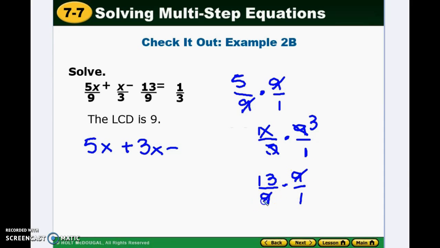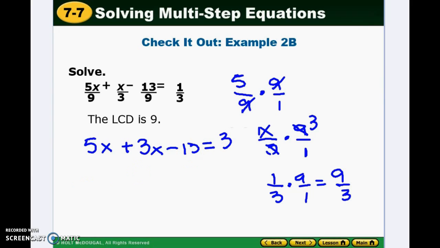The 9's are going to cancel and we'll be left with 13 equals. And then we have 1/3 times 9. So this is really 1 times 9, 9. 3 times 1, 3. 9 divided by 3 is 3.